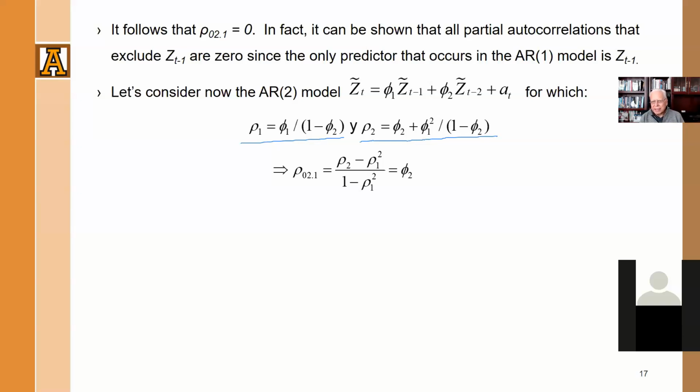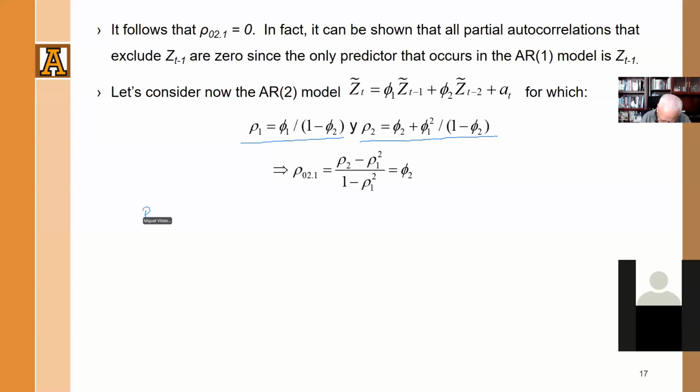Now, what do you think would happen if I were to compute the partial autocorrelation between Z_t and Z_{t-3} given Z_{t-1} and Z_{t-2}? What do you think this is going to give you?